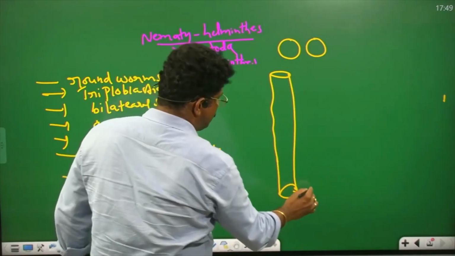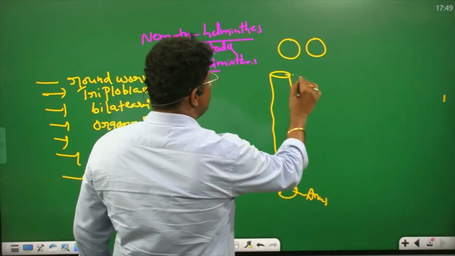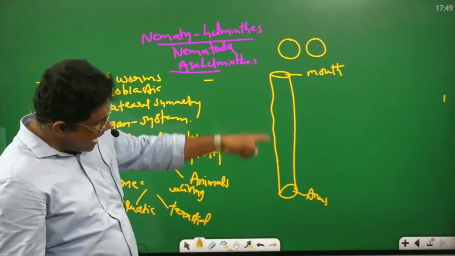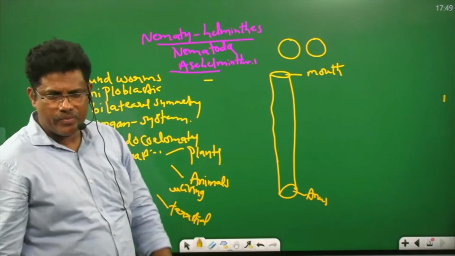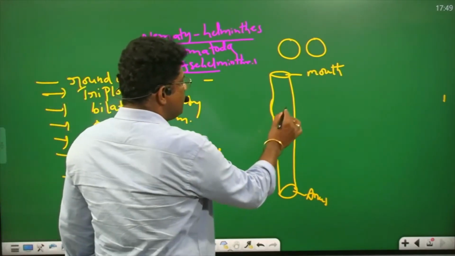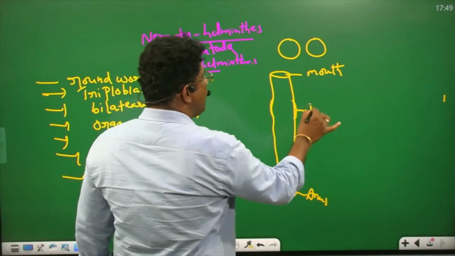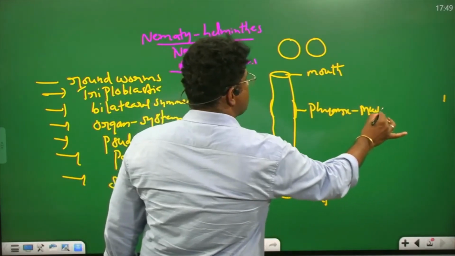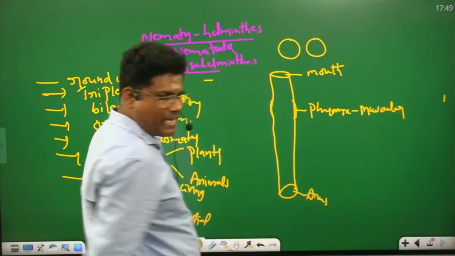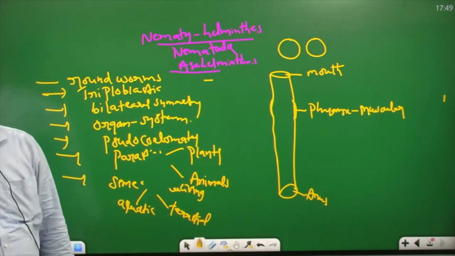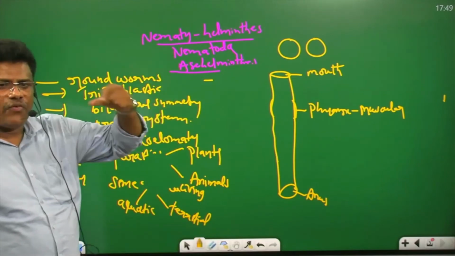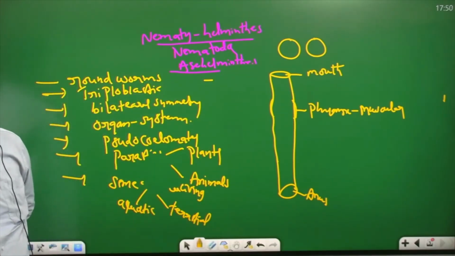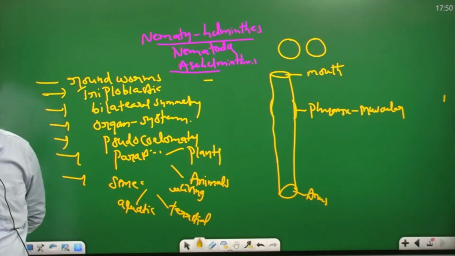So this is the anus, this one is the mouth. First time a complete gut is formed. Their pharynx is muscular. Muscular pharynx. So this is the point: first time complete gut, mouth with the anus, is formed, and a muscular pharynx is present.